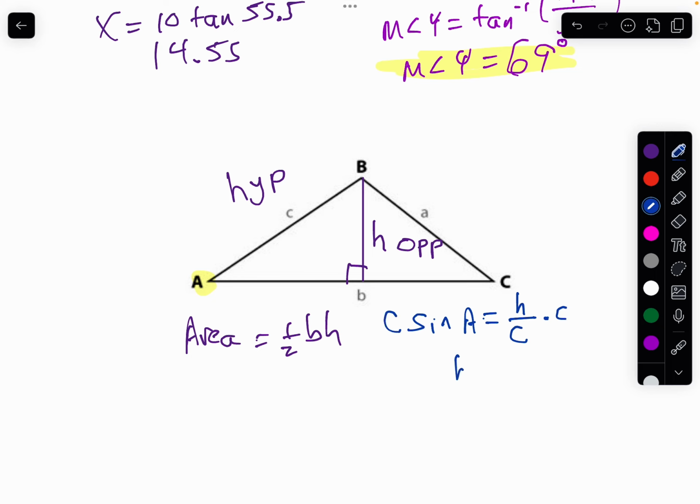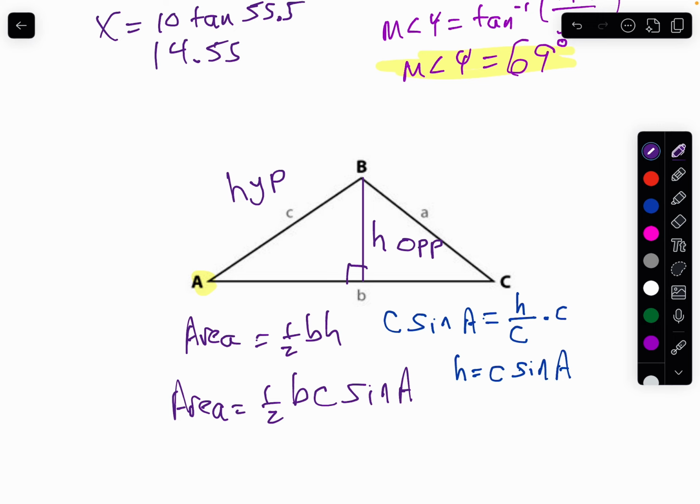So h is c times the sine of A. So if I write that in my area formula, I'm going to say 1/2 times B times C times the sine of A. And that is how we find the area of a triangle.